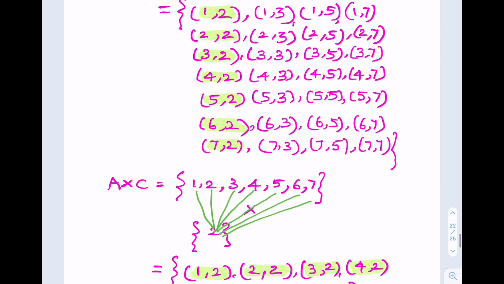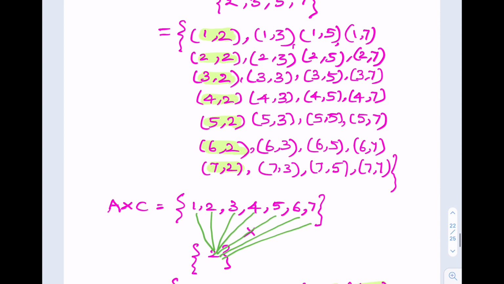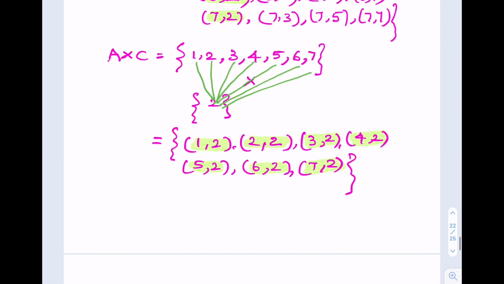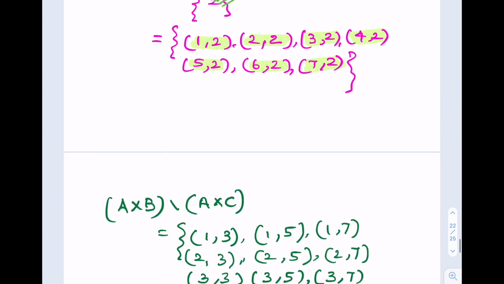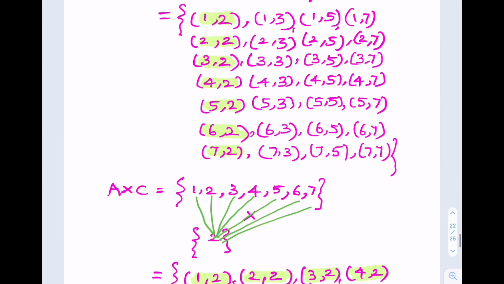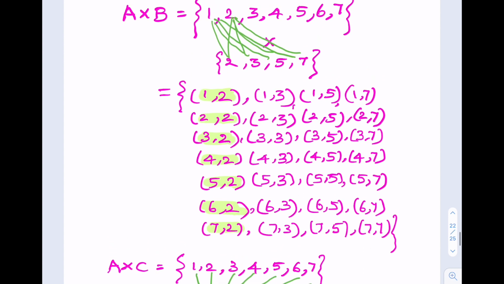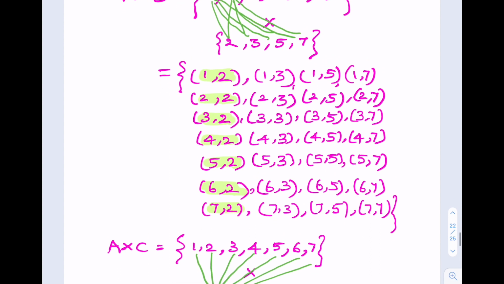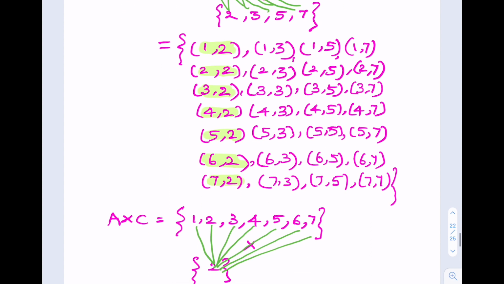Now since we are finding the difference between these two sets, we have to write down (A × B) − (A × C) as the set of all ordered pairs of the first set A × B, leaving the common elements.